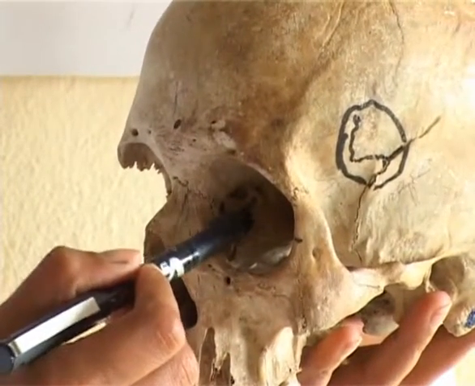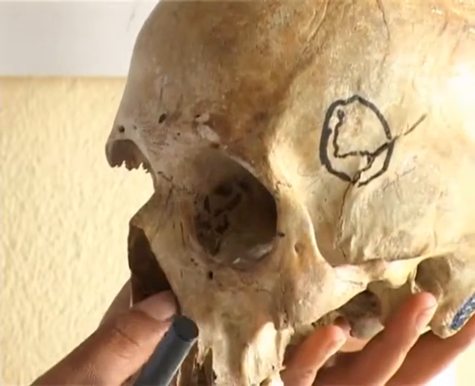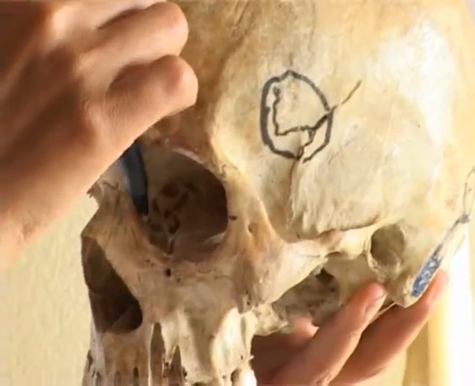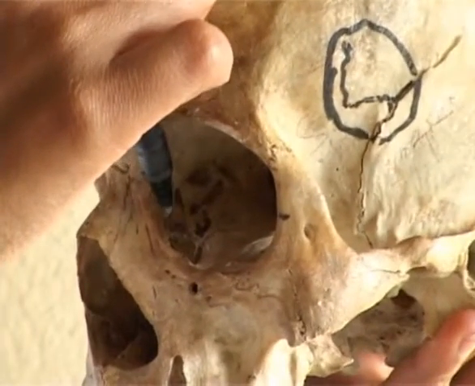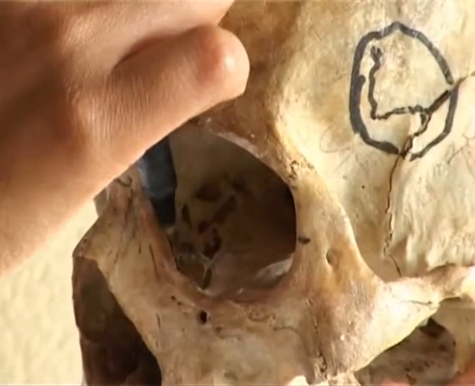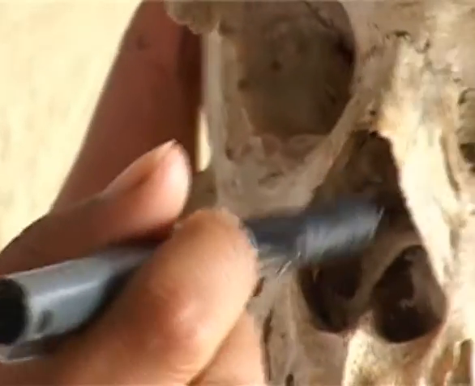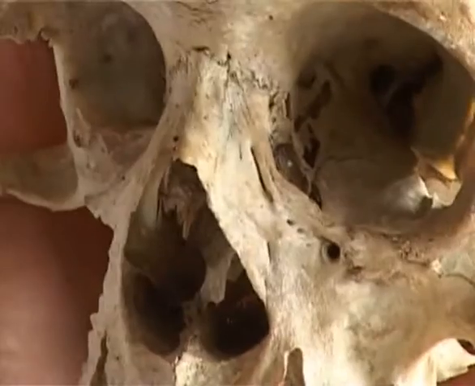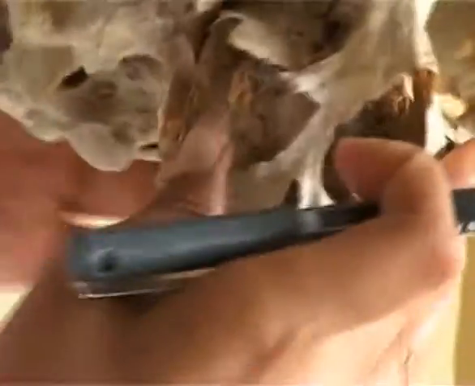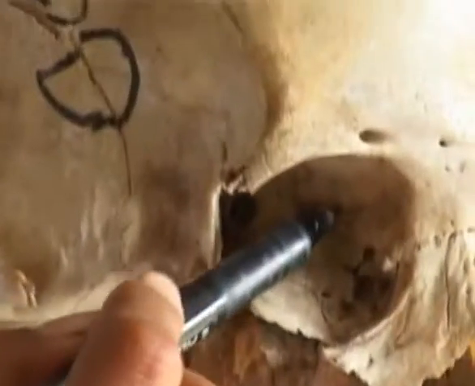The lacrimal groove lodges lacrimal sac. The groove leads through the nasolacrimal canal into the inferior meatus of the nose. Anterior and posterior ethmoidal canals lie at the junction of roof and medial wall.